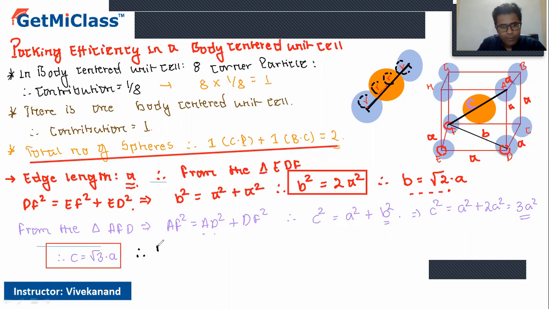That means the body diagonal is going to have the value of 4 times R.